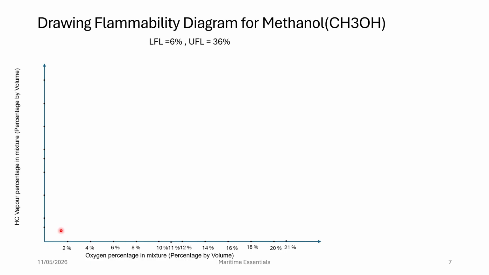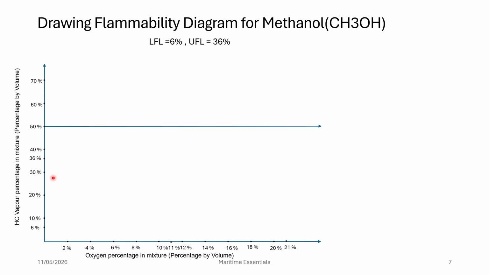We go for 5%, then 10%, then 20%, 30%, 36%, 40%, 50%, 60%, 70%. Here you can see that we have already marked the lower flammable limit 6% and upper flammable limit 36%. These two points will help us to draw our flammability diagram.